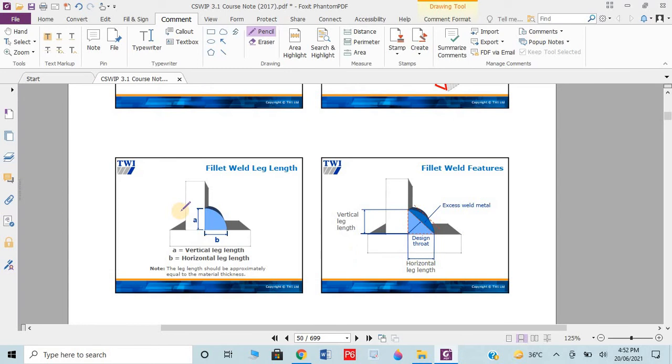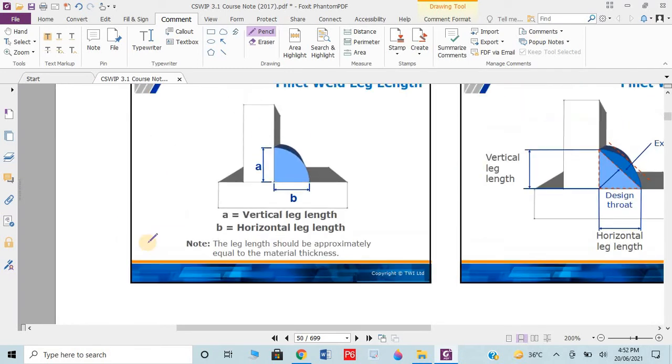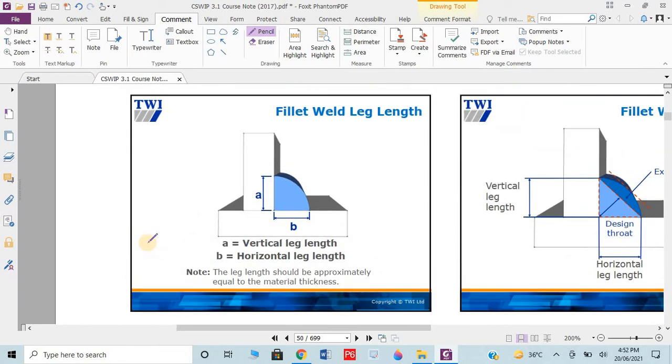Okay, now let's discuss the welding leg length. Leg is actually from root to toe. The distance from root to toe is called leg length. Normally, a lot of guys and a lot of candidates get confused between the leg length and the throat thickness. I will elaborate for you and you will never forget.